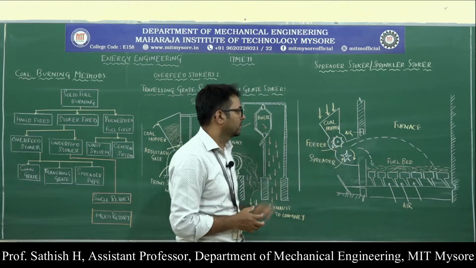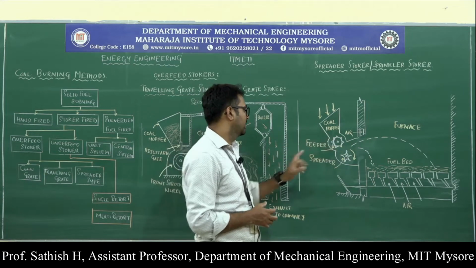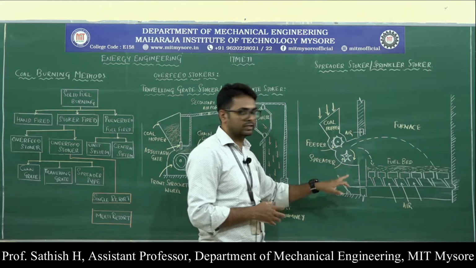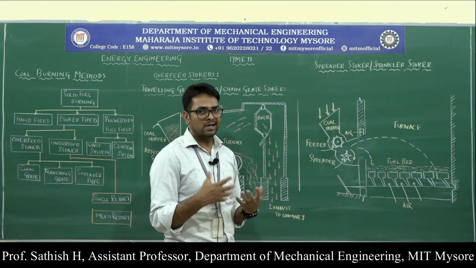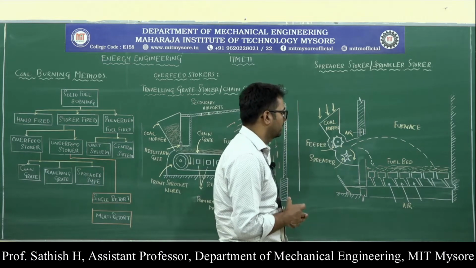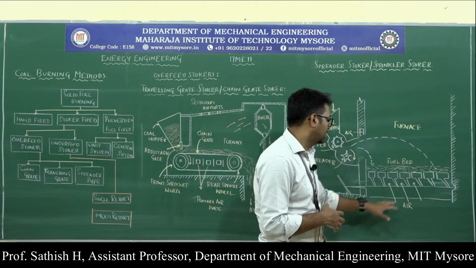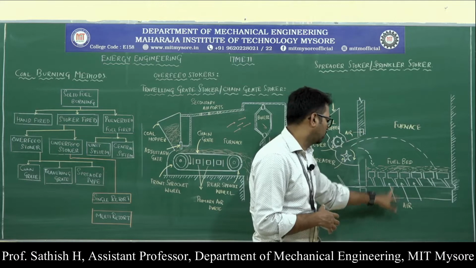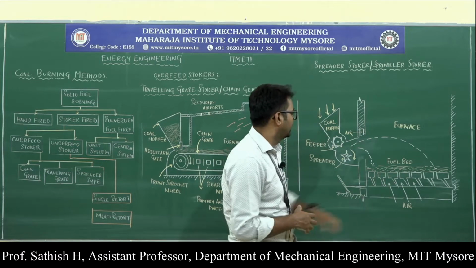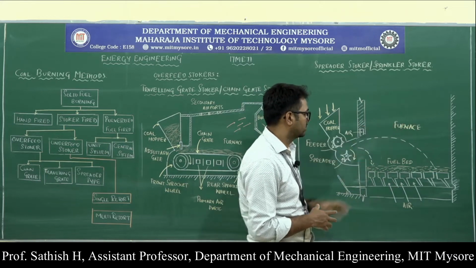One is the coal hopper, then we have a feeder, and then we have a spreader. That is why we have the name spreader stoker. Along with this, we have the fuel bed, the air ports for admitting the air or oxygen, and then we have the furnace as well.